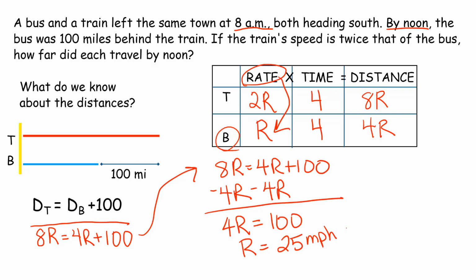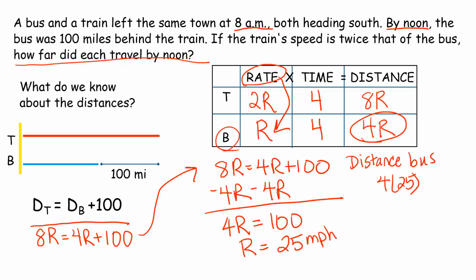Is that what the problem is asking for? No. It says how far did each travel by noon? So how far did they each travel? Well, the rate of the bus will help me figure out how far it traveled because I know the distance of the bus is 4 times the rate. So the distance of the bus is 4 times 25, or 100 miles.